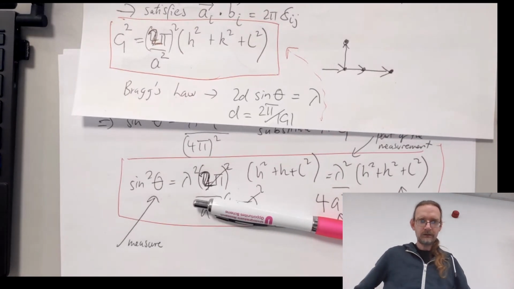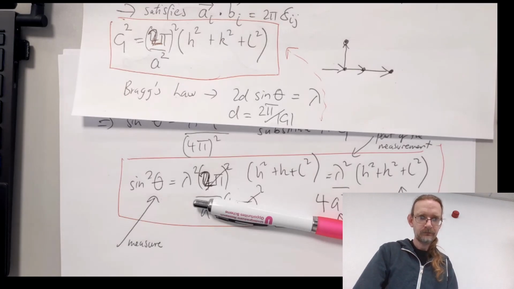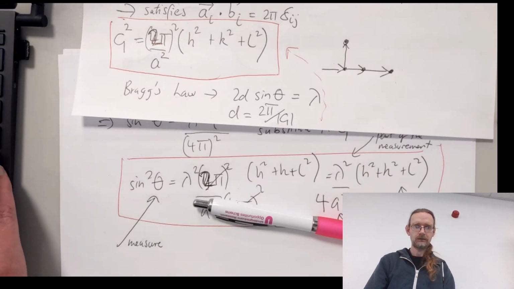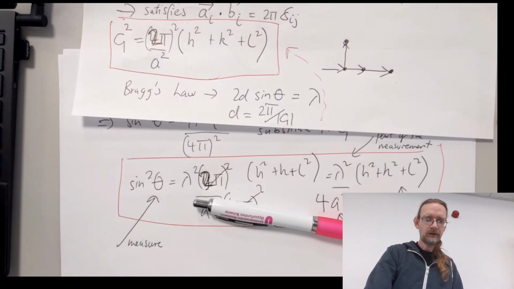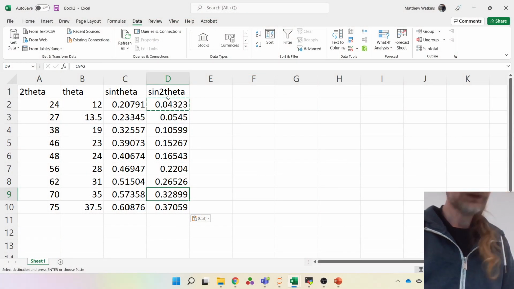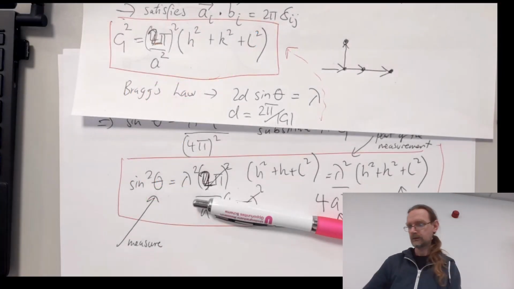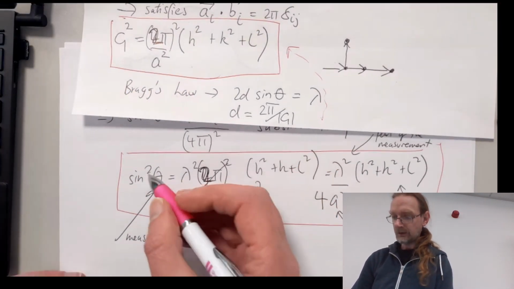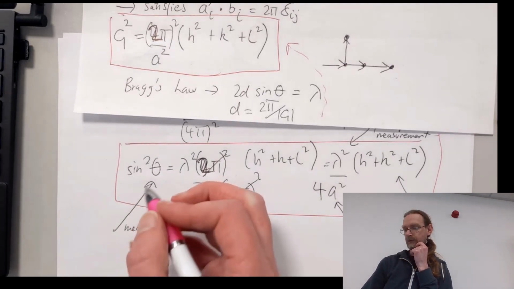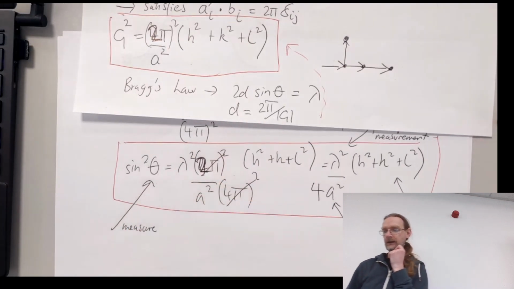Why am I doing this? Then sine squared theta equals that squared. So what I have done is taken a series of measurements of theta and worked out sine squared theta from them.